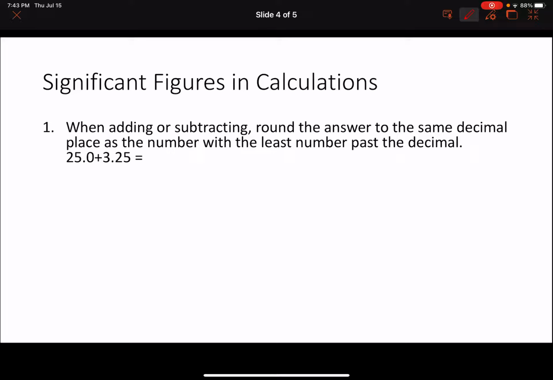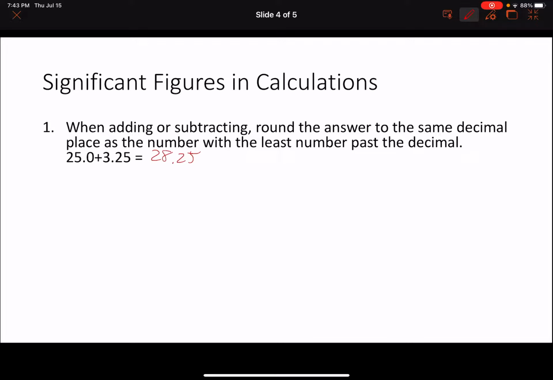If you're adding or subtracting, you'll round the answer to the same decimal place as the number with the least number of places past the decimal. So here we have an example, 25.0, which only goes one place past the decimal, plus 3.25, which goes two places past the decimal, is 28.25. That's how we would write that.